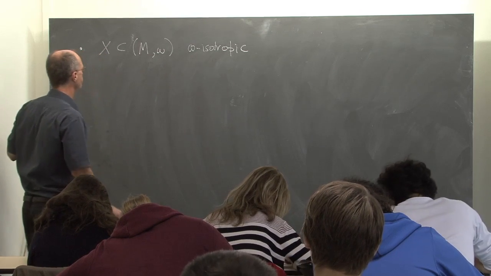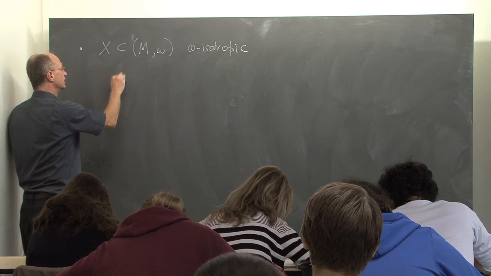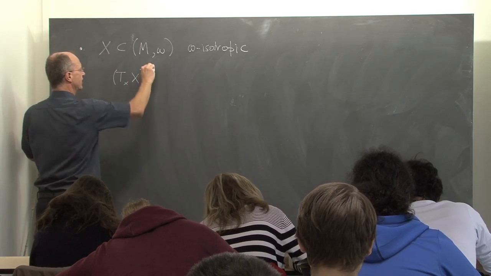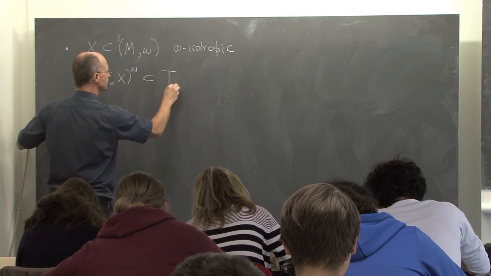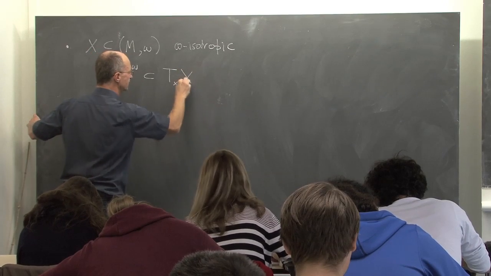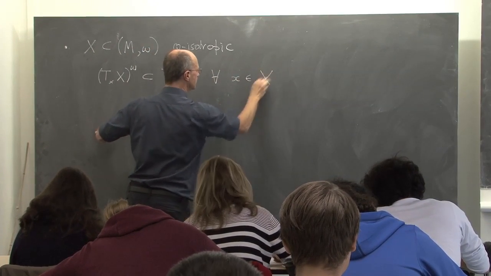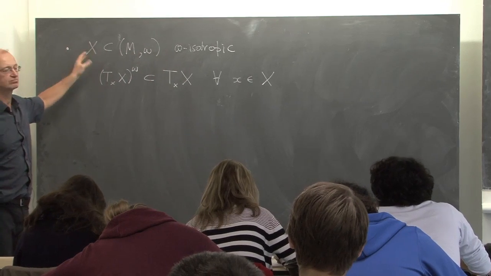So, right, what does it mean? This means that (T_x X)^omega is contained in T_x X for all x in X. So how can one imagine it?